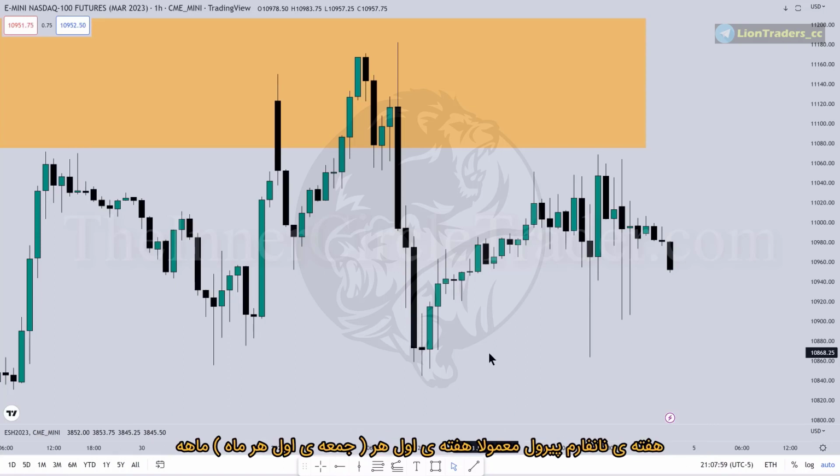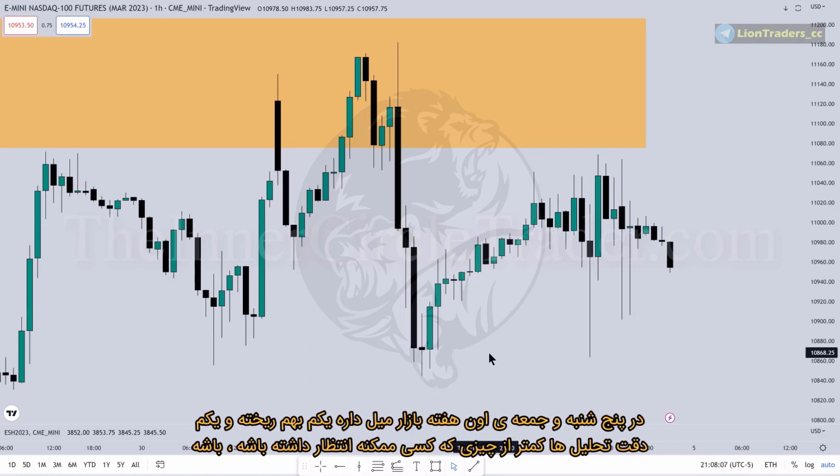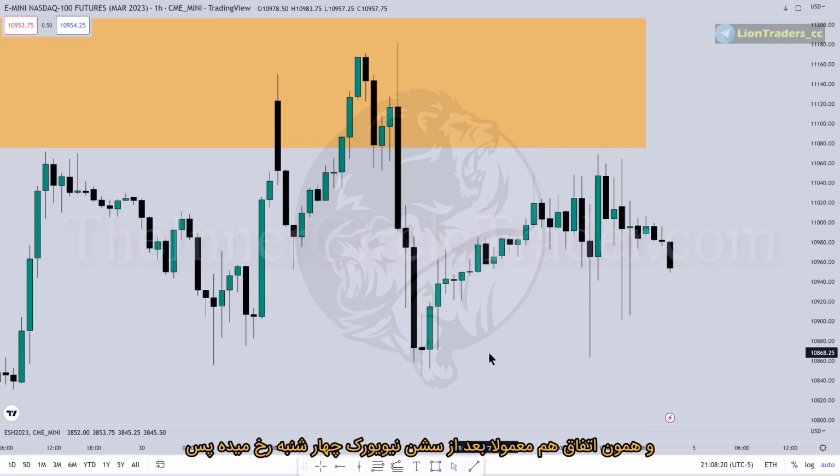So non-farm payroll is the week, typically the first week of every month. And on that Friday, employment numbers come out. On Thursday and Friday of that week, it tends to be a little choppy, a little less likely to be as precise as one would expect or hope for.